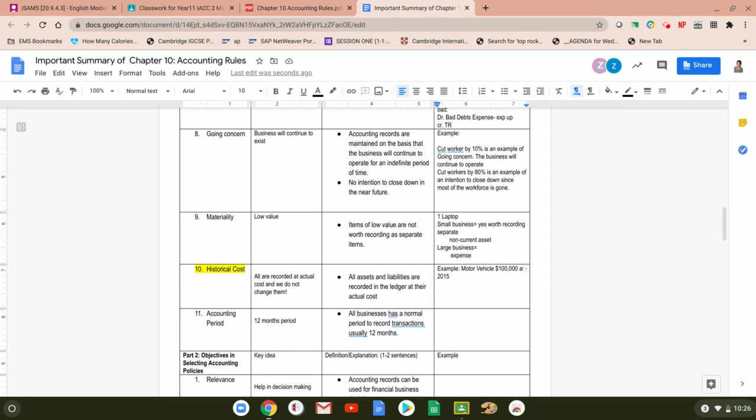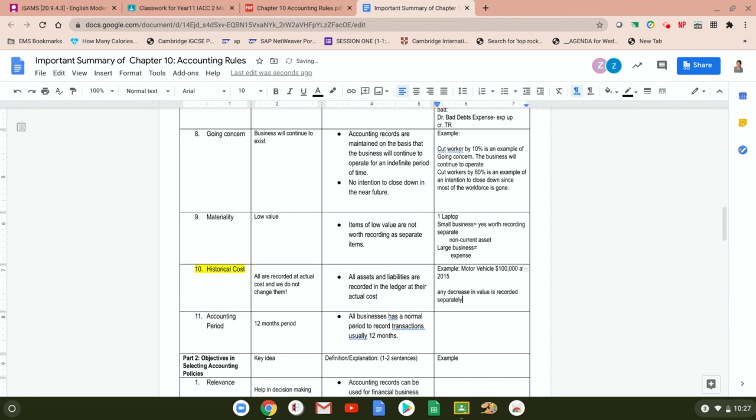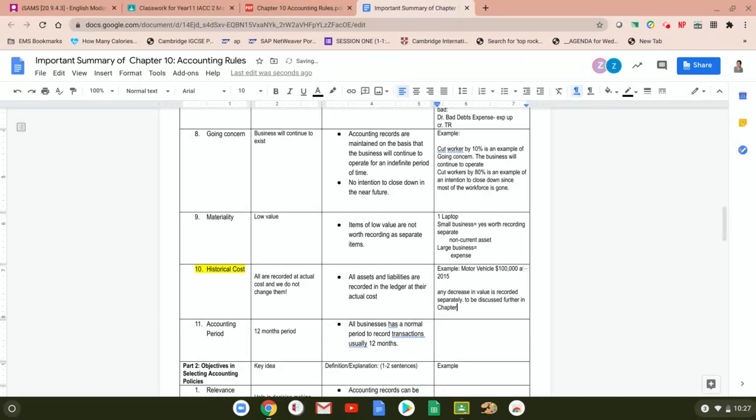So let's say in 2015, the vehicle cost is 200,000, and it will be the same every single year. Any decrease in value is recorded separately. This will be discussed further in chapter 12.